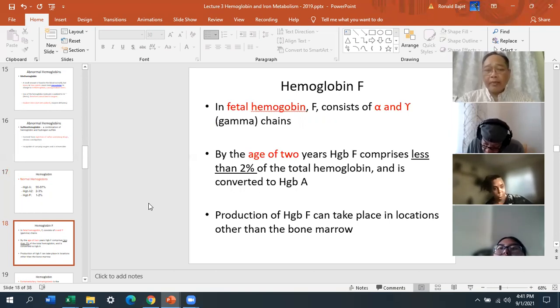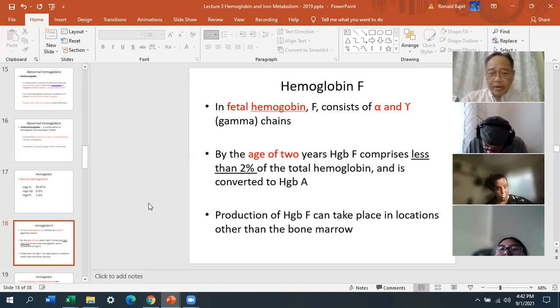Normally, in utero and at birth, your hemoglobin is predominantly hemoglobin F. After birth, your hemoglobin F will gradually convert over to hemoglobin A, and eventually be approximately 2%. So the hemoglobin F will go away and hemoglobin A will take over.